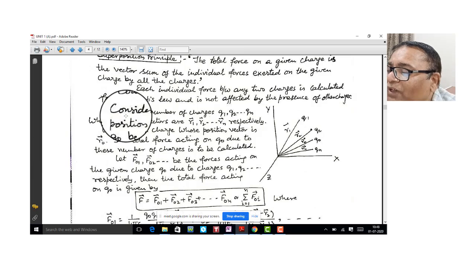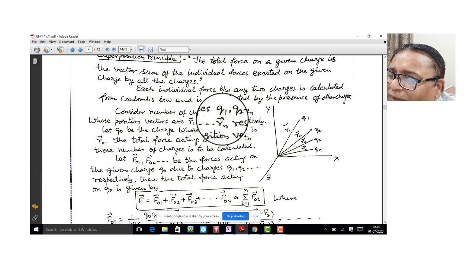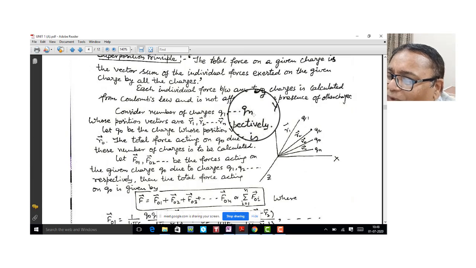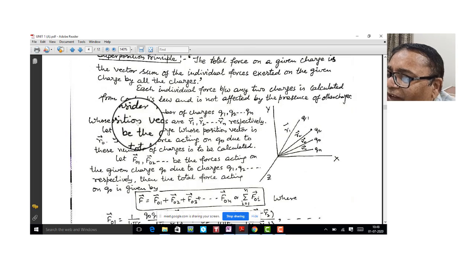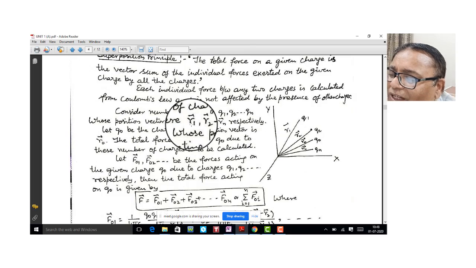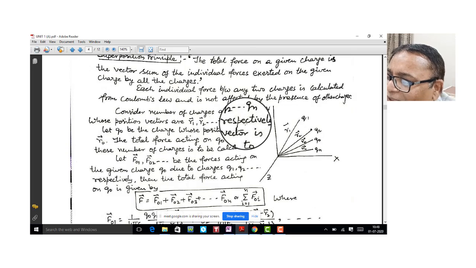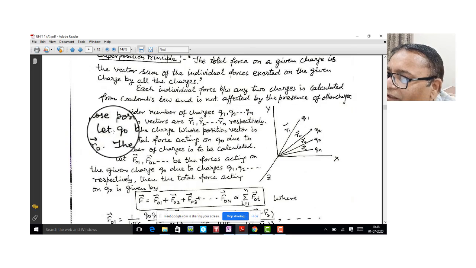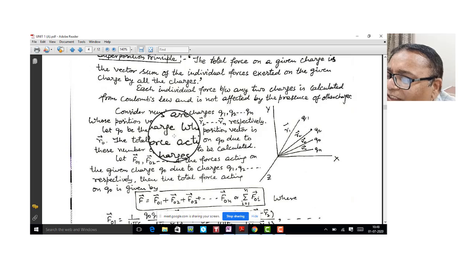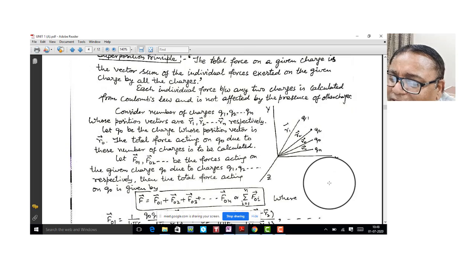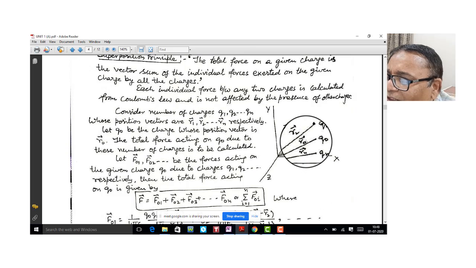Derivation: consider n charged particles q1, q2 up to qn whose position vectors are r1, r2 up to rn respectively. Then q0 is the charge whose position vector is r0.